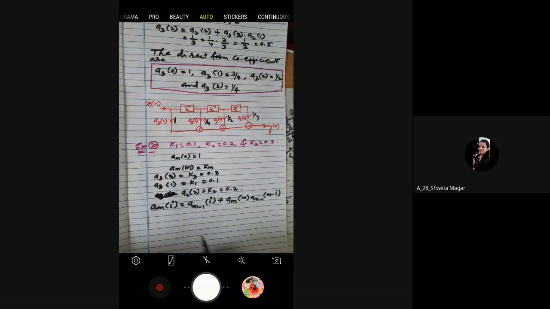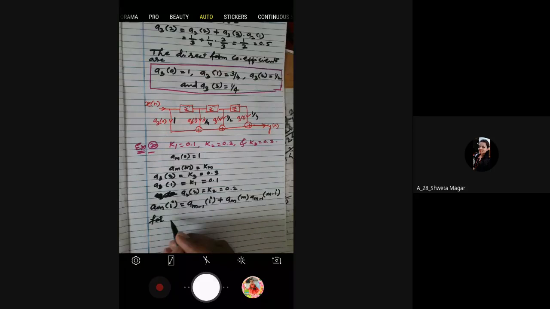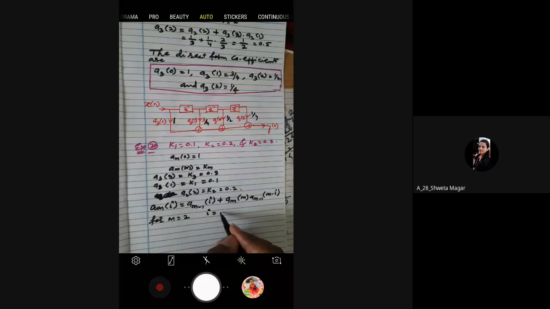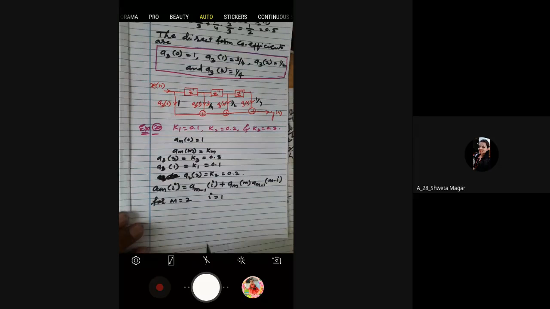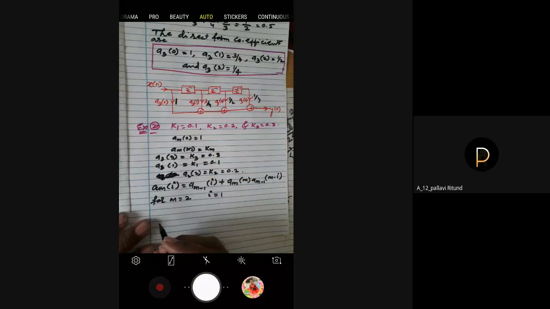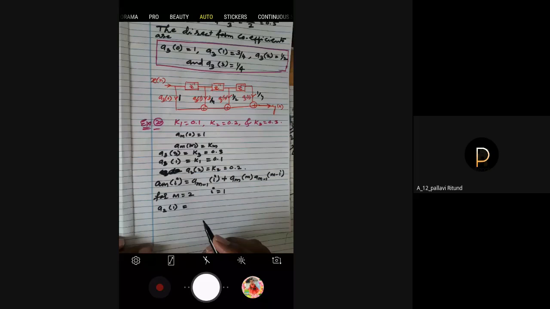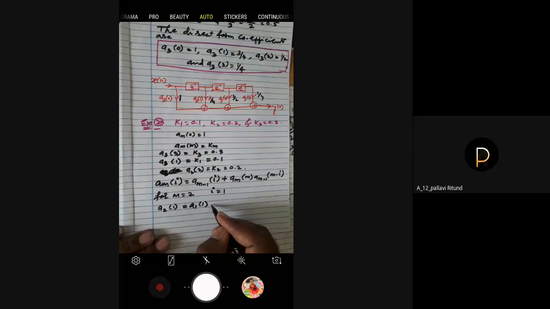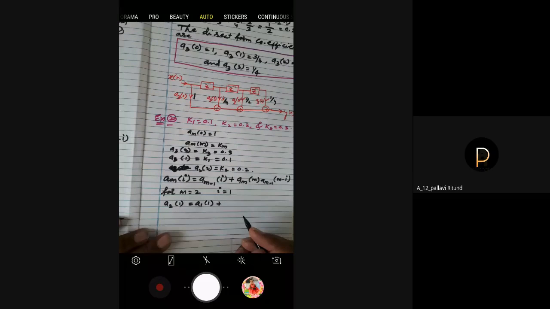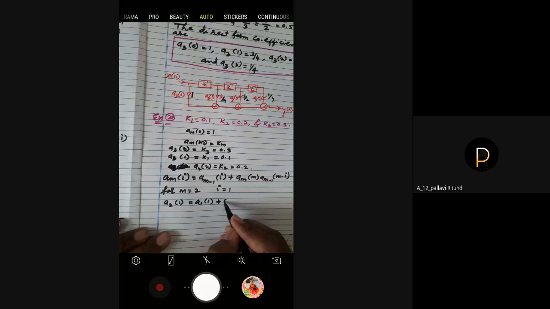So for m equals to 2 and i equals to 1, what will be the value? a2 of 1 is equal to a1 of 1 plus a2 of 2 into a1 of 1.